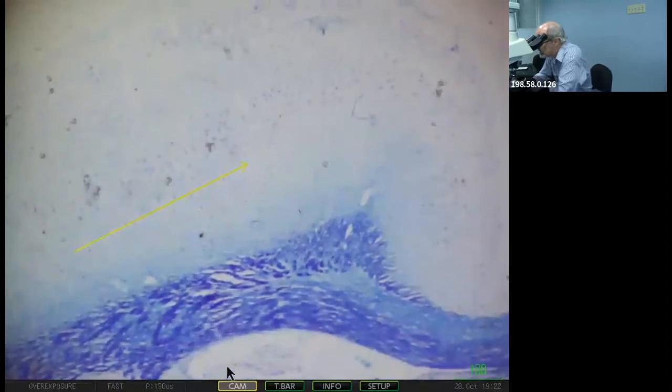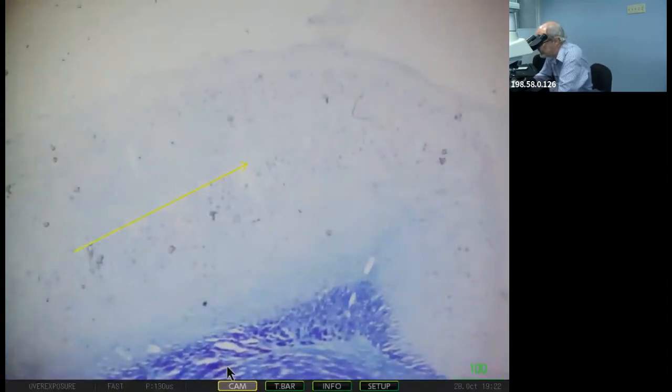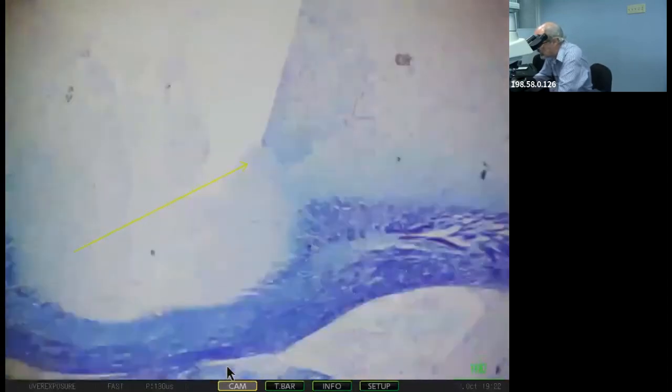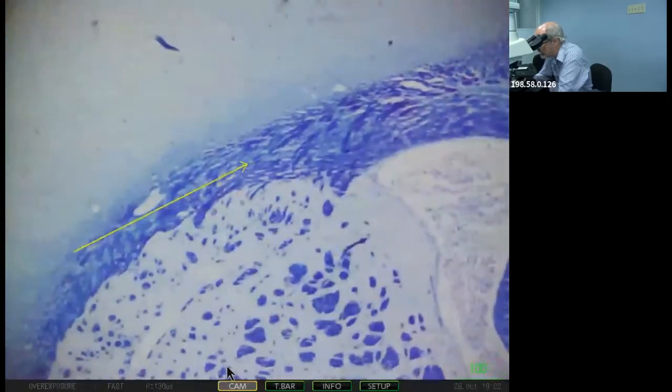This staining will show you. You see what is in blue is the myelin.